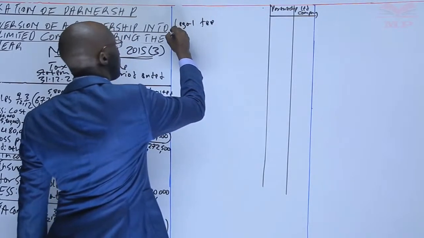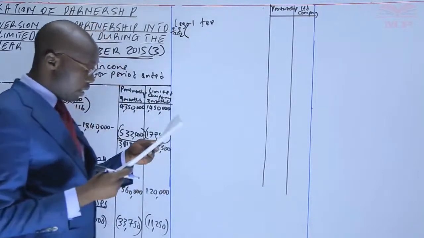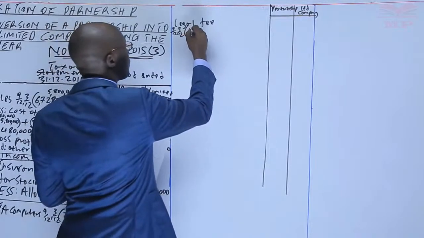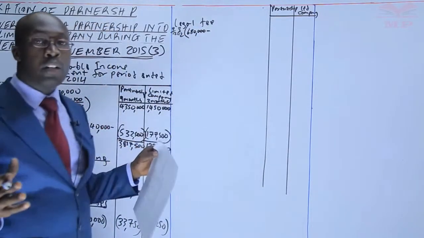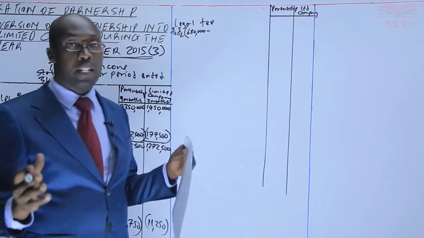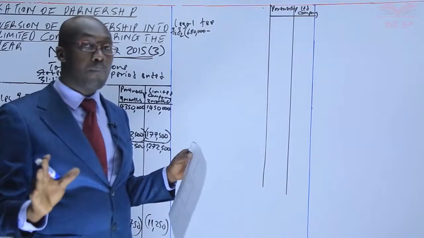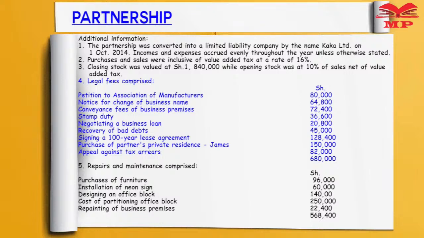So you take 9 over 12, 3 over 12 of the legal expense, which is 680,000, minus, because you want to remain with the expense that is allowable of the legal, just minus the non-allowables, the ones that are not supposed to be allowable. In additional information number 4, we are told legal fee complies of petition to association of manufacturers.